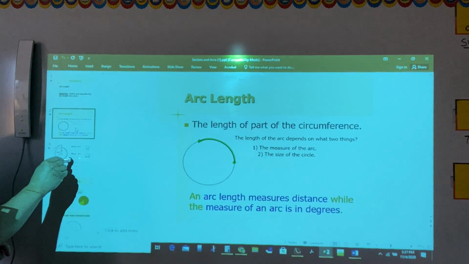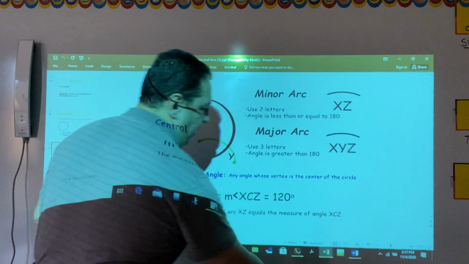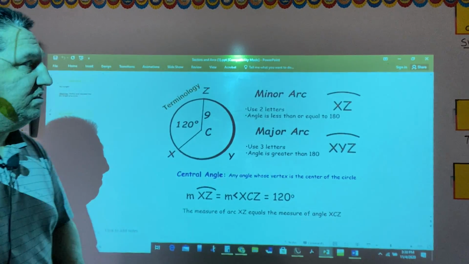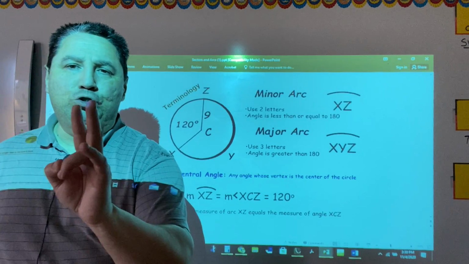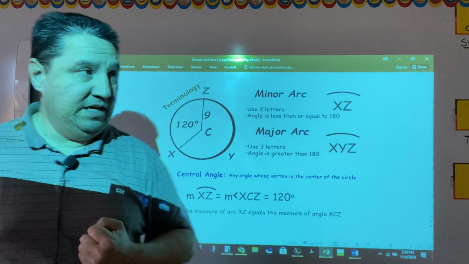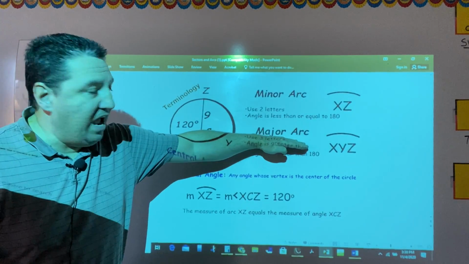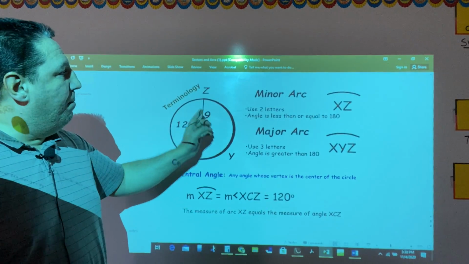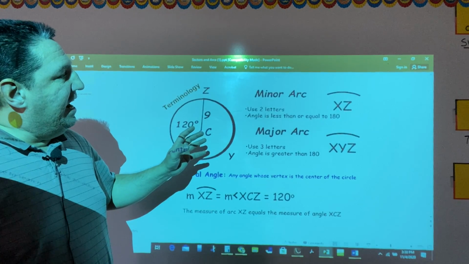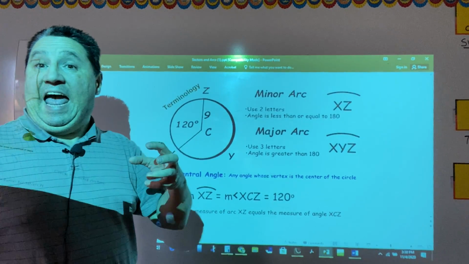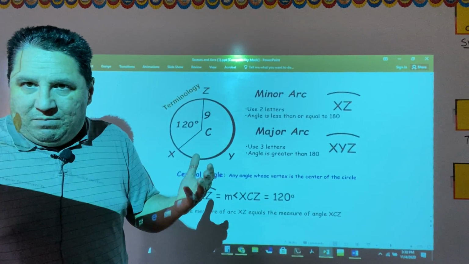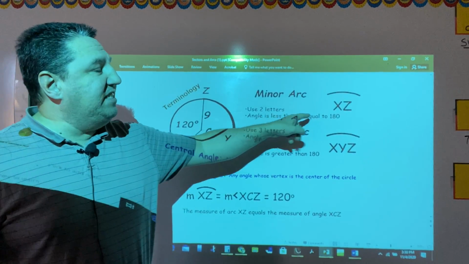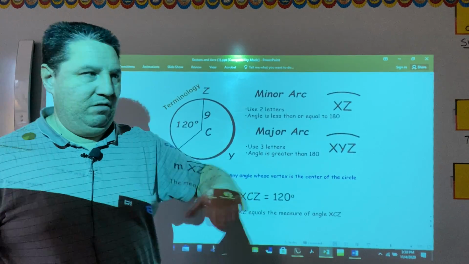Good. As we know, when we talk about introduction to circles, we can have two types of arcs. A minor arc and a major arc. Now, what is a minor arc? A minor arc is an angle, because it's measured in degrees, that is less than or equal to 180.